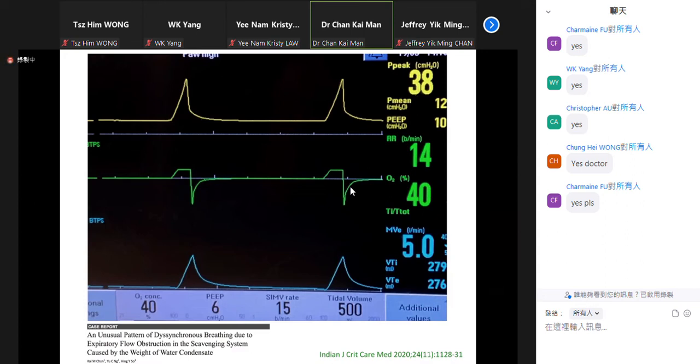Here you can see it somewhat resembles the pattern of obstructive lung disease with a very low expiratory flow. And probably because of that, it has distended the test lung, and therefore the test lung compliance dropped, and it caused a rise in the inspiratory pressure. So we were not able to replicate the scenario with spontaneous breathing patients, but this is the best we can get. But I think it supports our hypothesis of the problem.